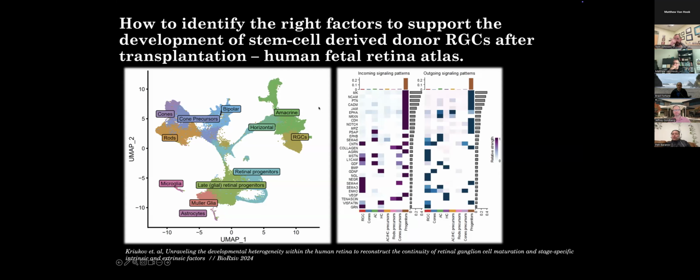So how to go about this and what are the factors that we need to add? Tom summarized them nicely, all those interactions. And we're trying to cherry pick where to start, and just go one by one. To do it, we put together an atlas from single cell data for developing RGCs.